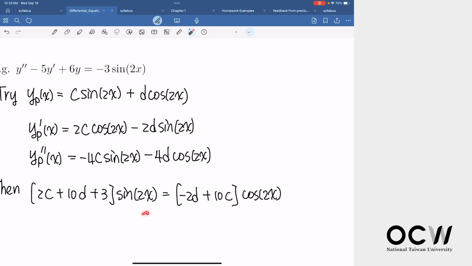And we know that cosine and sine, these two functions are linearly independent. So the only way that I have an equal sign here, that means the coefficients should be 0.